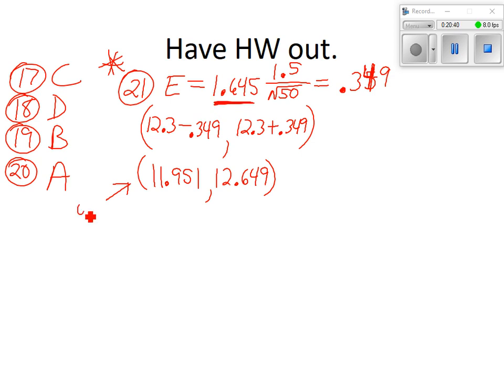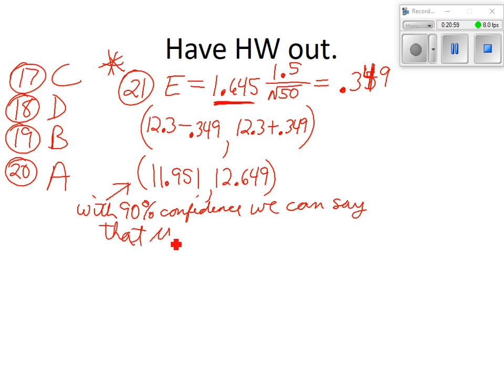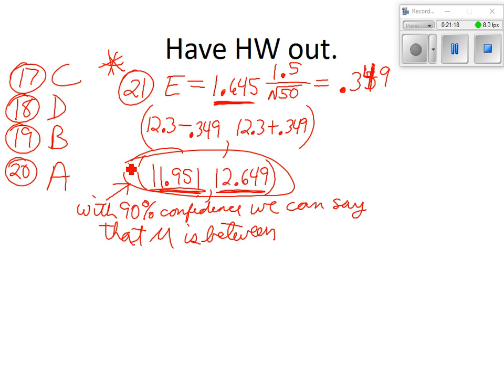So we're saying with 90% confidence, they didn't ask us to do all this, I'm just doing it, with 90% confidence, we can say that mu, the mean of the population, is between 11.951 and 12.649. That's how we would explain it. All right?